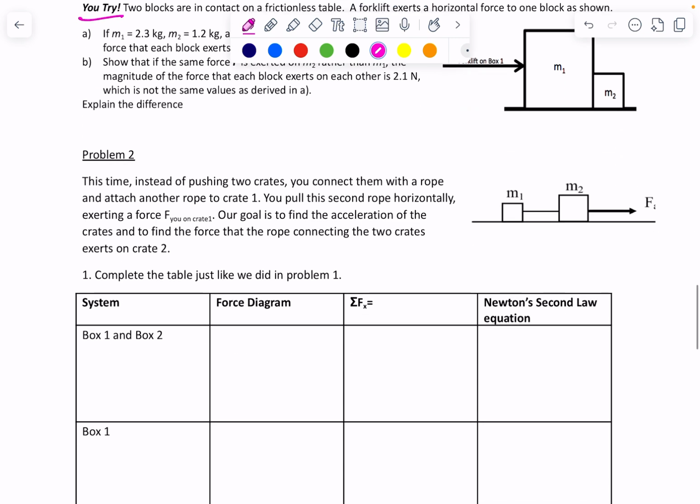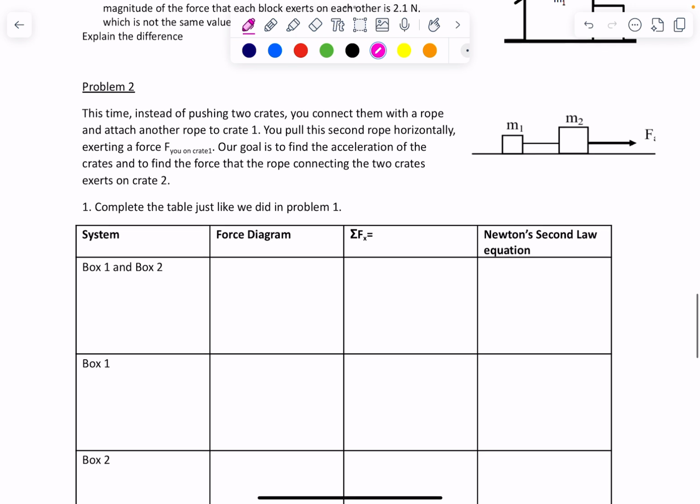Now let's look at a similar situation where we have two objects that are connected by a rope. Very similar. We're going to be looking at the system together and then separate. So looking at it together, all right, we have two boxes connected by a rope. And first we're going to look at the system of the two boxes together. And for that, we're going to have the force of the person over here.